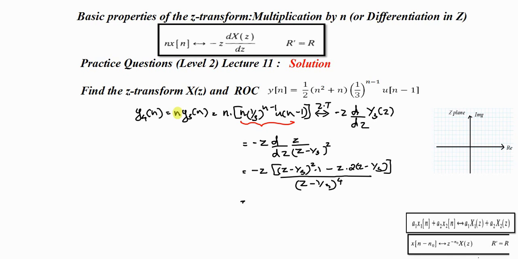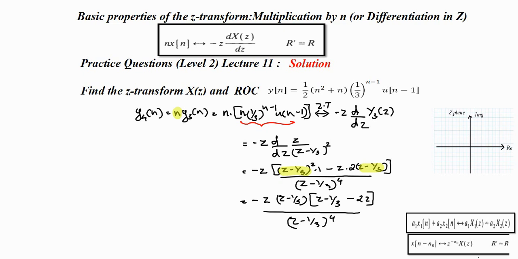Now we can take this term as common. Here also this term, so it becomes minus z into z minus 1 by 3, and remaining z minus 1 by 3 minus 2z, and denominator z minus 1 by 3 the whole raised to 4.